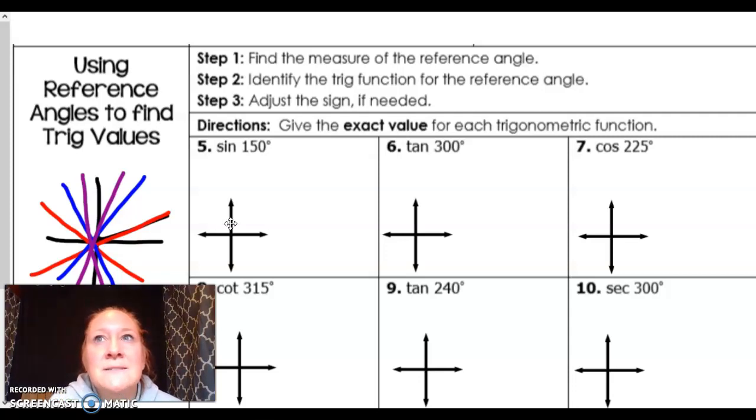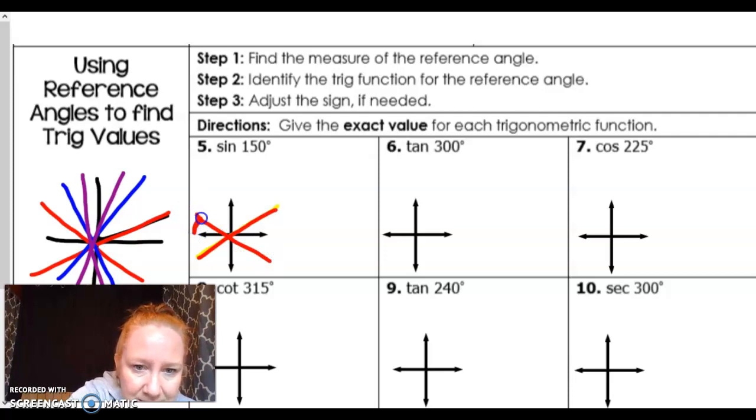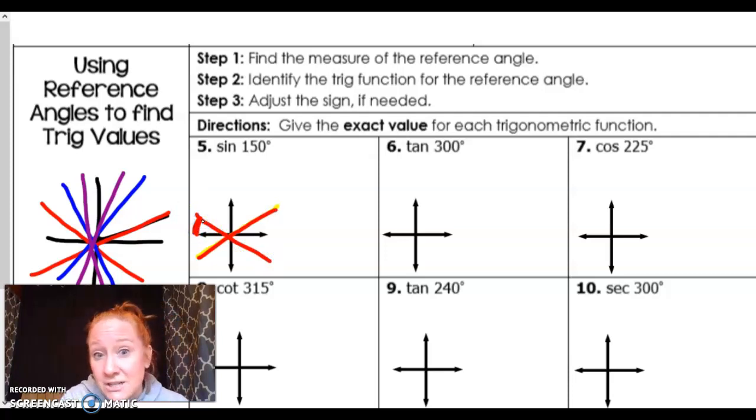Well, 150 is a 30-degree angle. And if you're like, what? How do you know that's a 30-degree angle? Well, it's 30 degrees from 180, right here. So what do I know about my 30s?